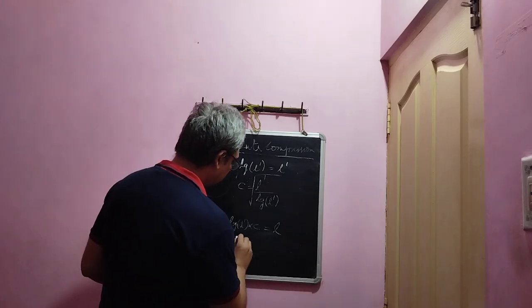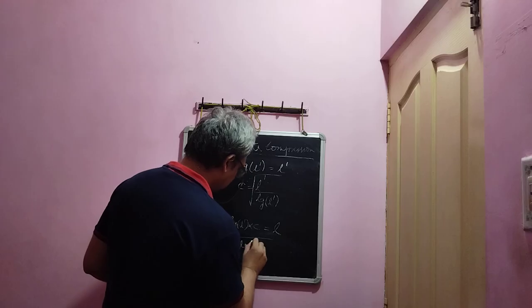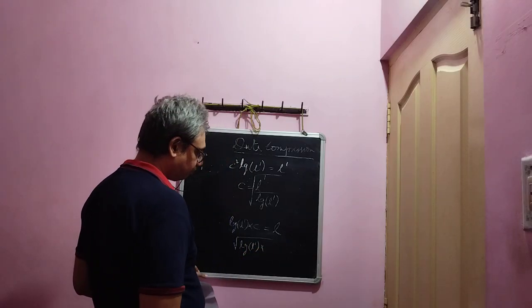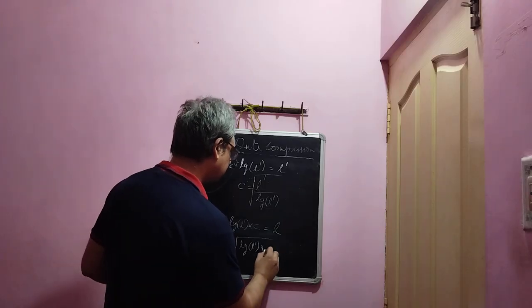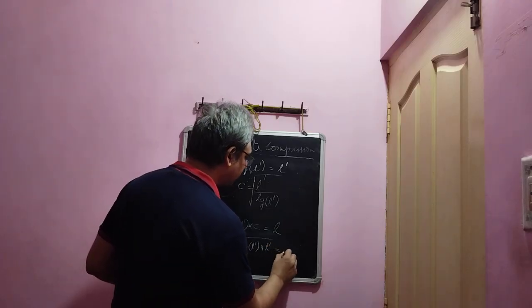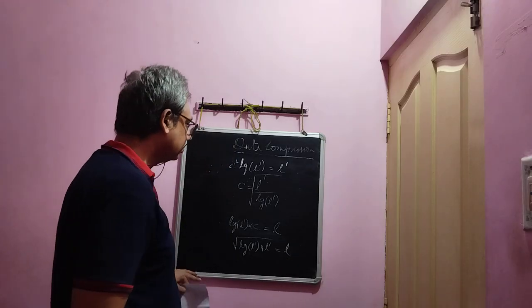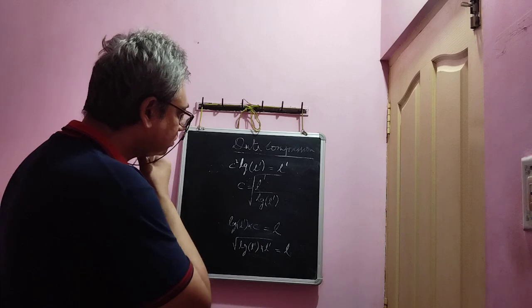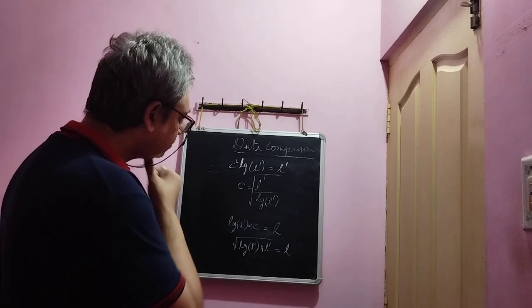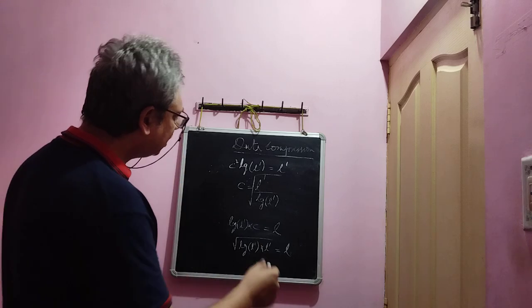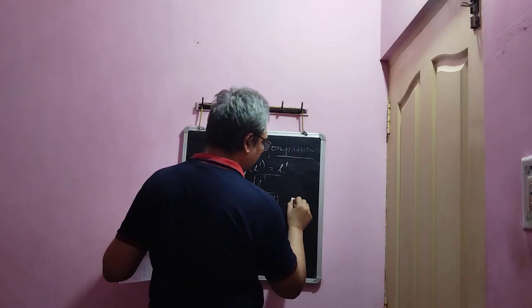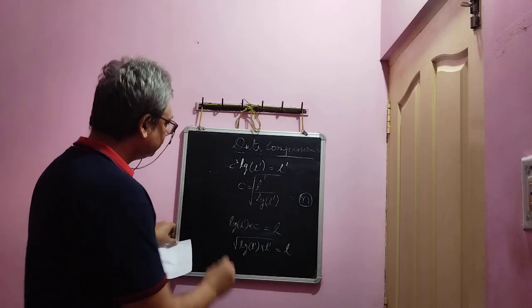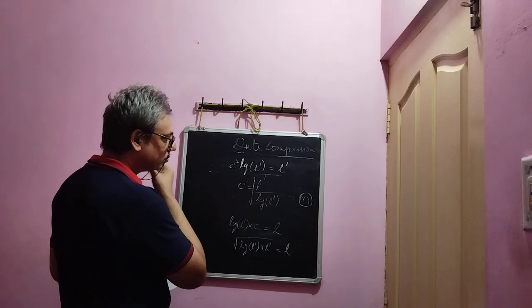That is the square root of log of L dash into L dash must be equal to L. The value c is nothing but n, or the number, in other words.